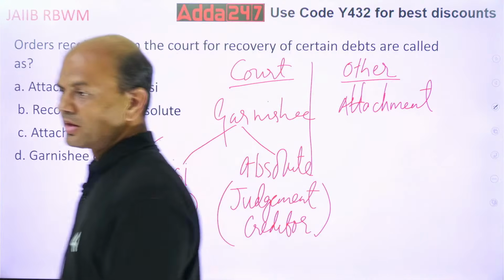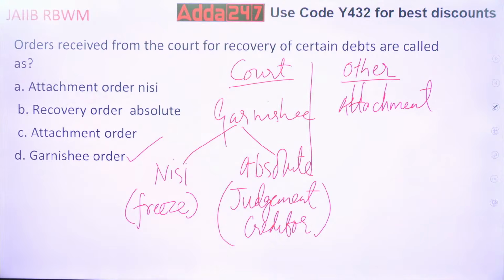In garnish order NISI, the order is only to freeze the funds, do not give it to anyone. And in garnish order absolute, the court orders that you give the money to this person, the judgment creditor. Okay, got it? Clear?